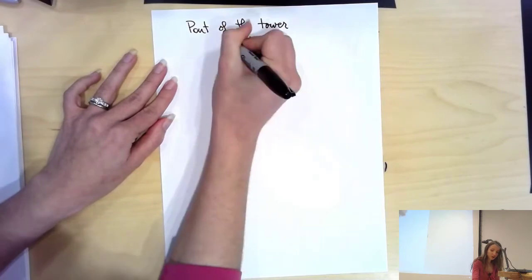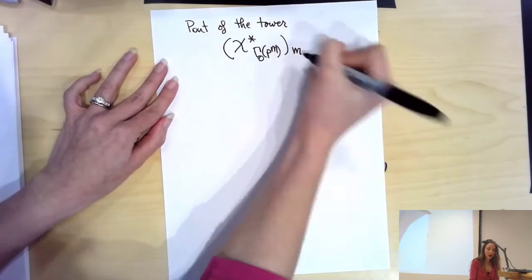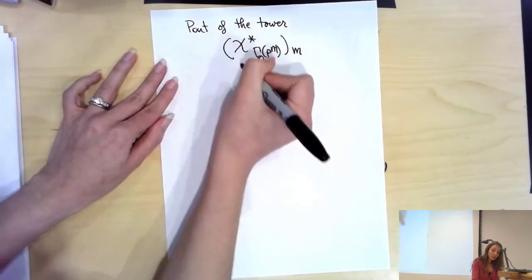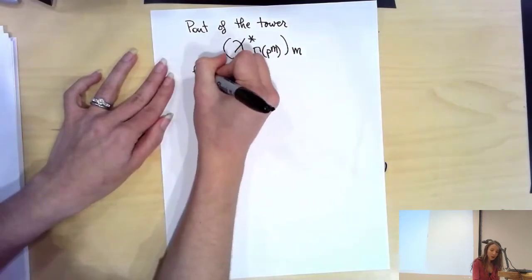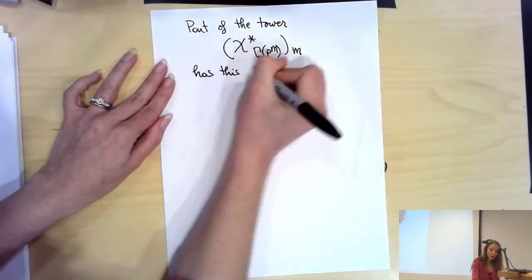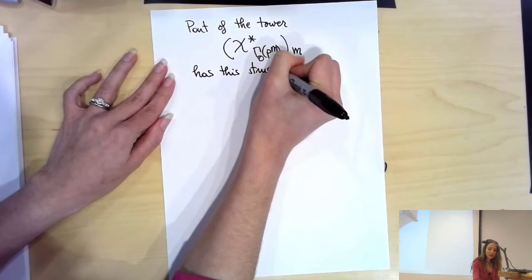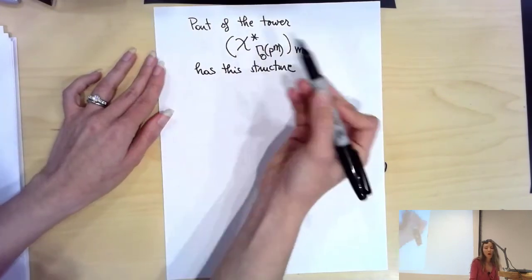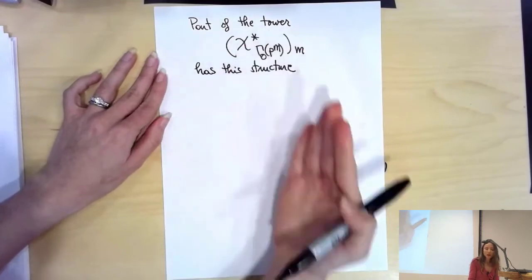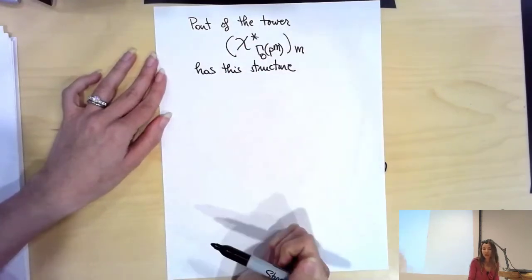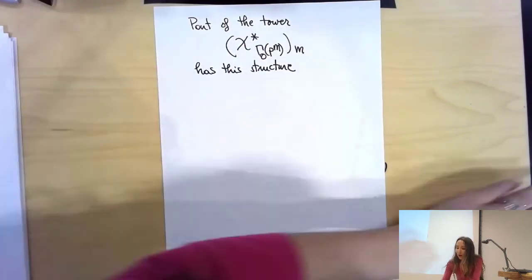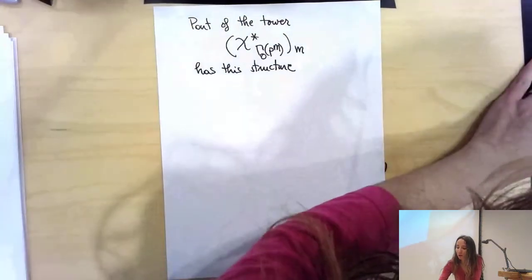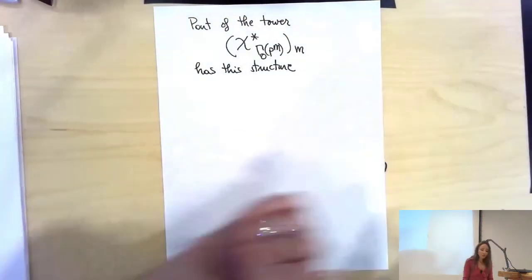First, I'll just take Γ_0(p^m). So part of this tower has this structure. You can see these spaces as generic fibers of formal schemes such that the transition morphisms between these formal schemes reduce mod p to the relative Frobenius.